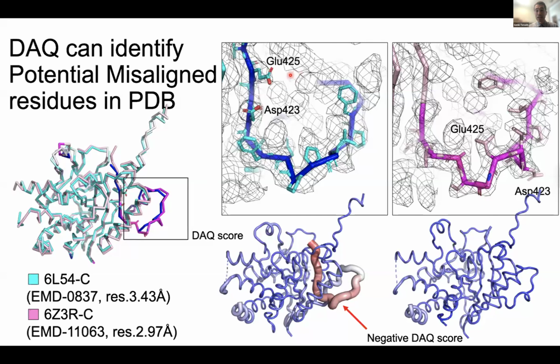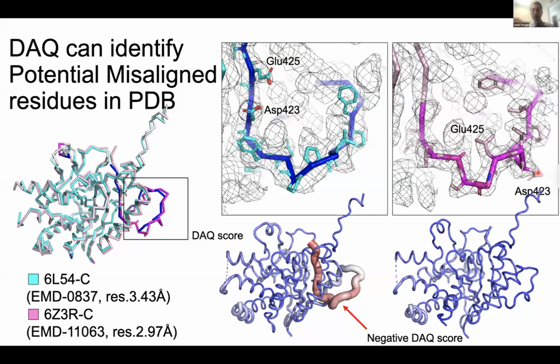But interestingly, the regions around residues 425 and 423 are modeled in different places. 6L54 modeled here, but these pink structures, about 425, are modeled here and 423 modeled here.